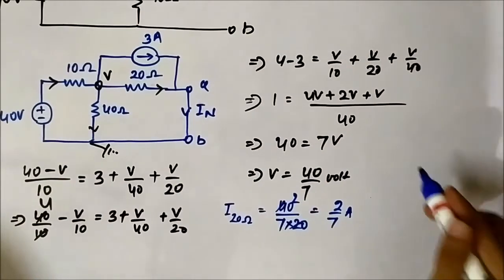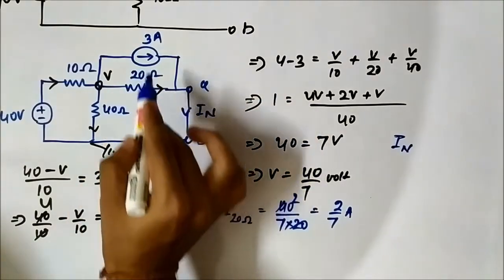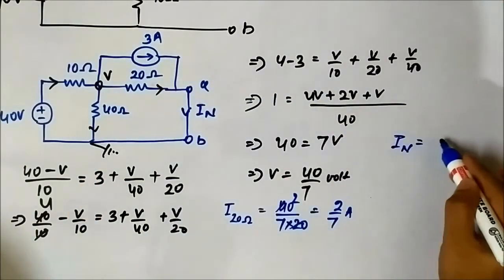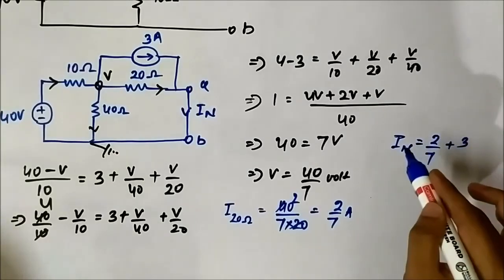IN is equal to this I 20 ohm plus 3 ampere, that is 2 by 7 plus 3.